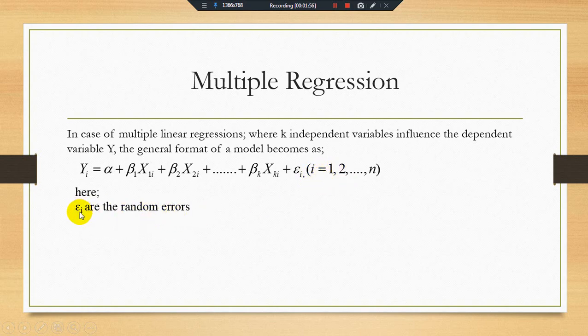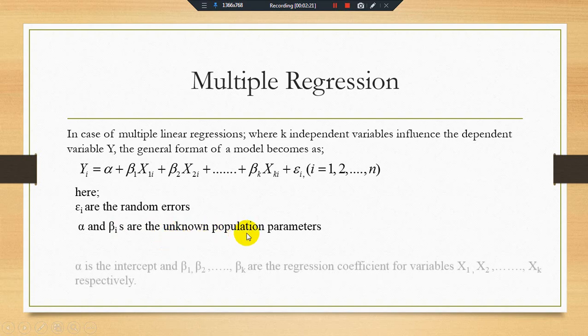Here epsilon i are the random errors, and normally in a linear regression model we suppose that the error term is white noise, and we have very good knowledge about the white noise error term from our previous chapters. Here alpha and betas are the unknown parameters of the population.